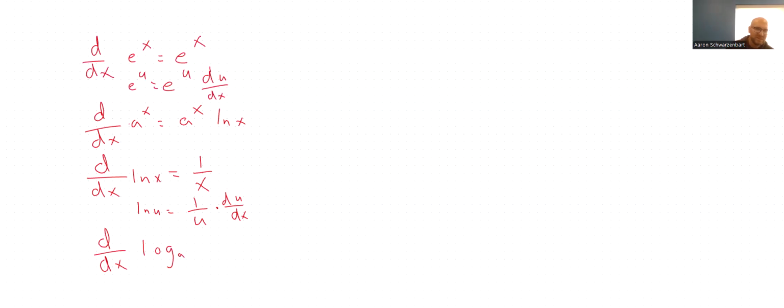There is an implication that these x's and u's are absolute values, or they're positive, because you cannot take the log of a negative number. So this is 1 over x times ln a. The ln a is on the bottom, and then there's the chain rule part. I guess if I did it as u du dx, it just gets multiplied by the end.